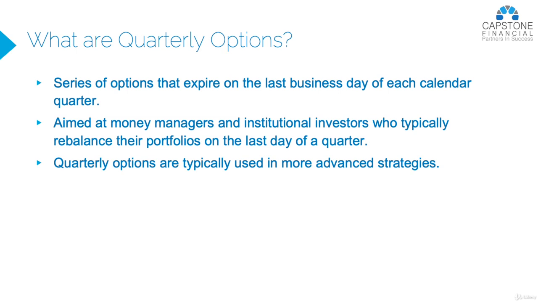Right around the 90-day mark is usually when the time decay starts to affect the price.